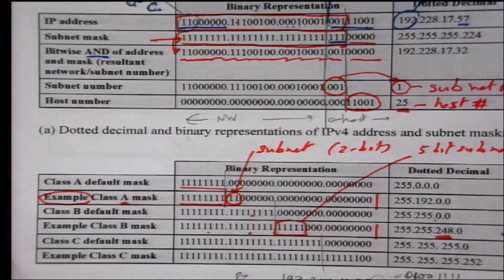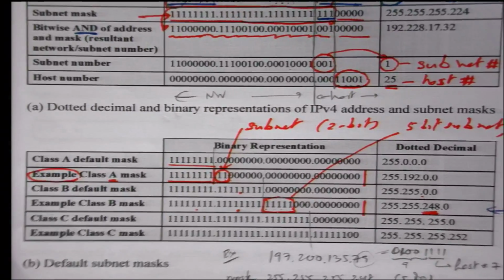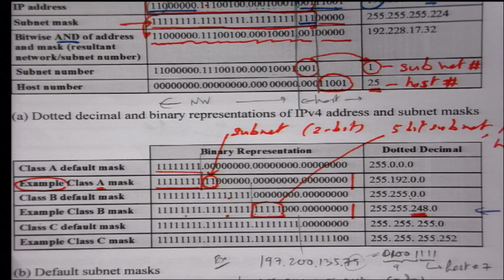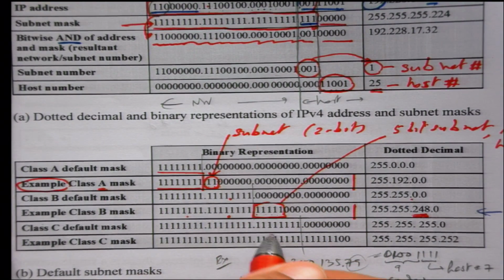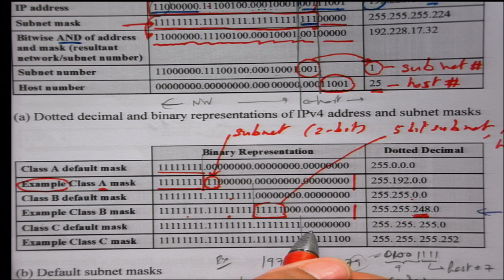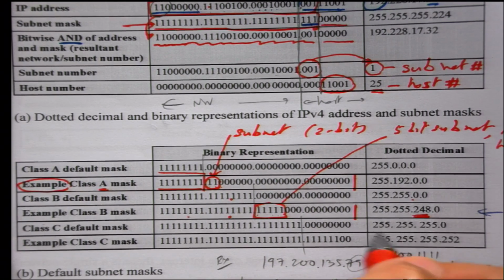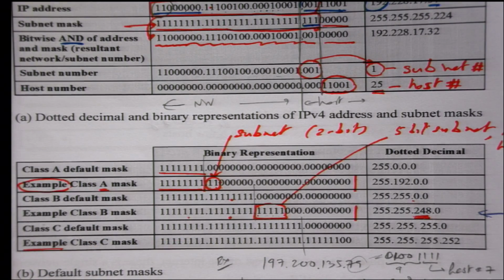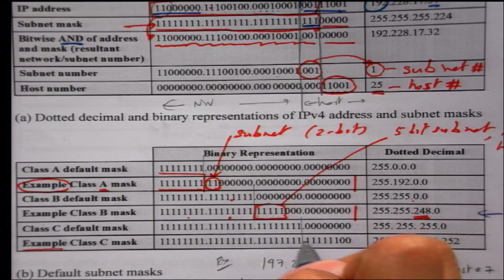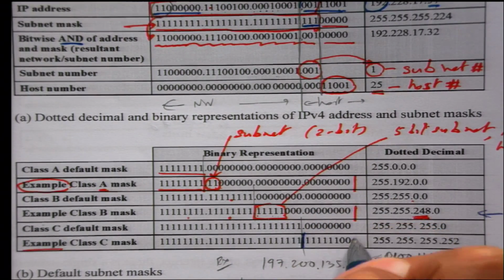The last one, class C default mask, is again 1 for the 3 bytes, and the last byte is 0. So this is the default mask. In dotted decimal this one is 255.255.255.0. If you look at the example of class C mask, you can see that the host is the last 8 bits.